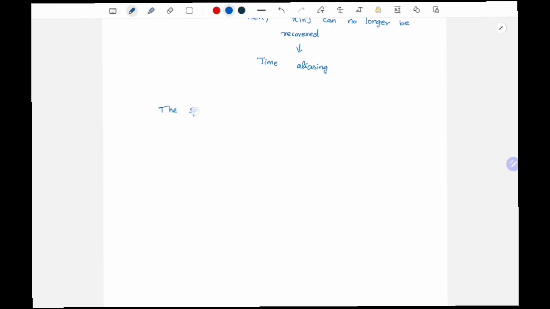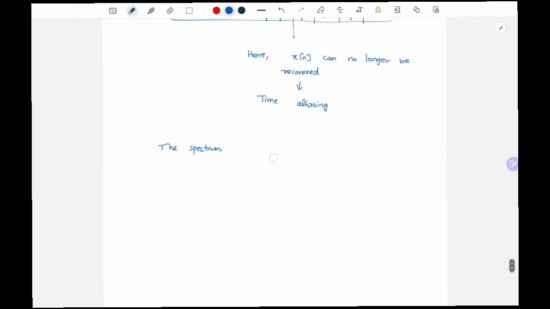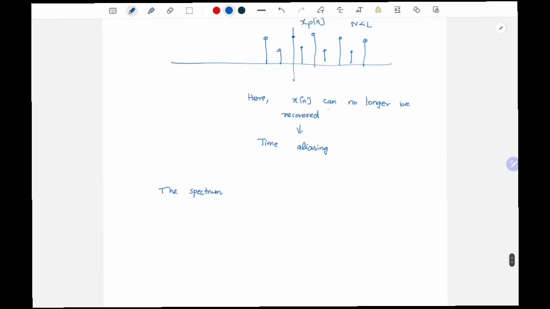The spectrum. In other words, I say this is spectrum because if you have x of n, it means that you can also recover X of e power j omega, with which you started earlier.